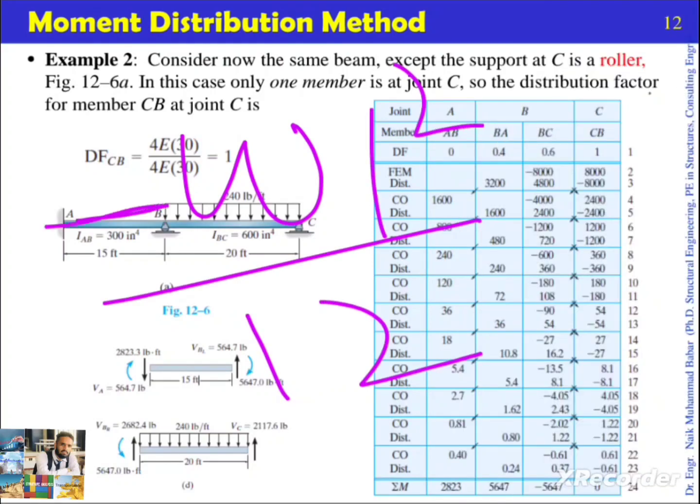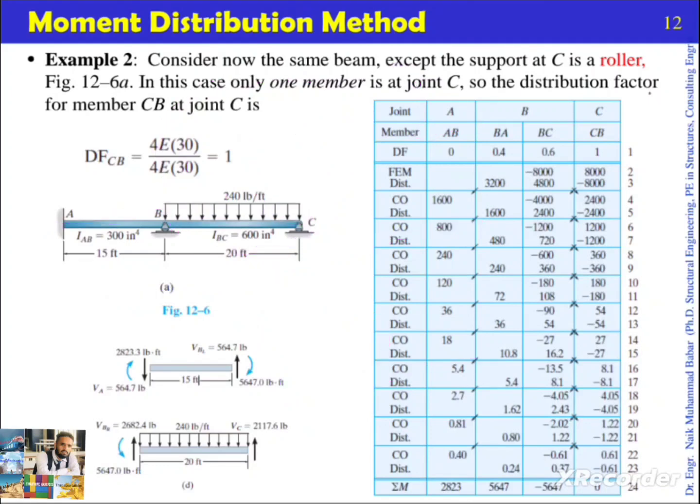For anti-clockwise we take the negative sign, for clockwise we take the positive sign. By putting the value 240 for W, and L is the span length, which is 20, squared, divided by 12, we get the fixed end moment for BC as minus 8000 and for CB as plus 8000.